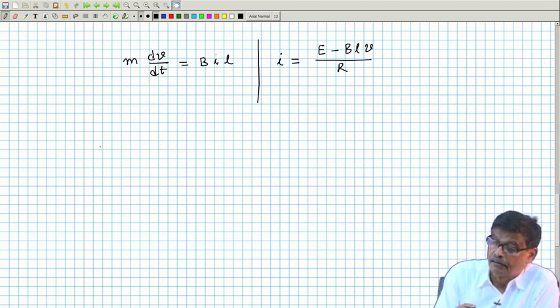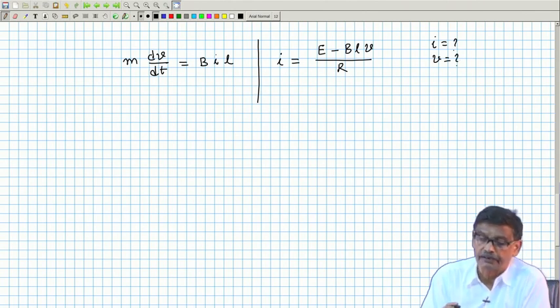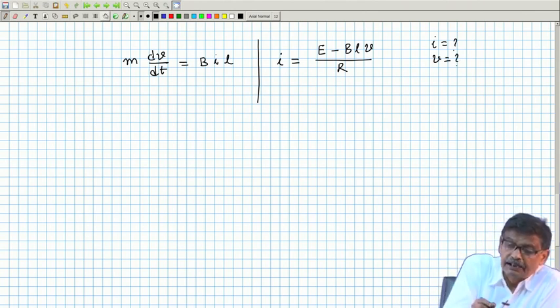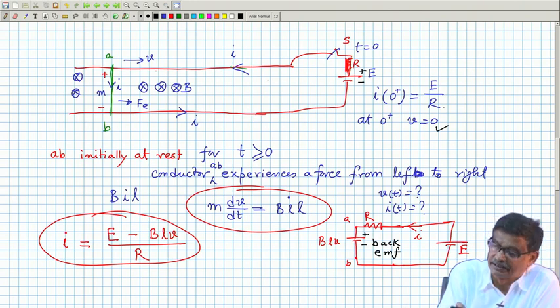So our unknowns are I and v as functions of time, which we want to find out. Before that, physically let us see what is going to happen. It will go on accelerating from left to right, and suppose this is of infinite length, the rail continues, an infinitely long track.